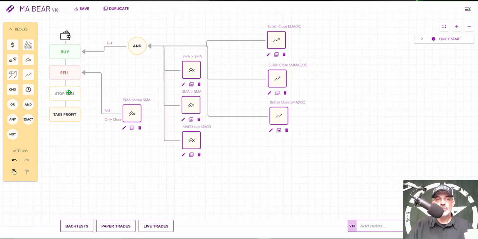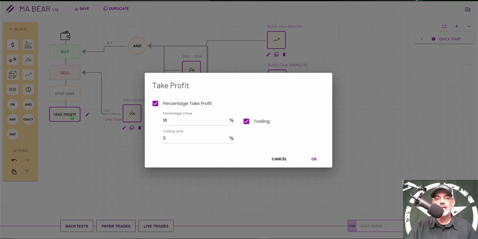The other two options are a stop loss, which I haven't quite got around to dialing in yet, and the take profit box, which I seem to have dialed in at 18 for the percentage of my take profit, with a trailing limit of 3%. What the trailing will do is follow the price action up from 18%.